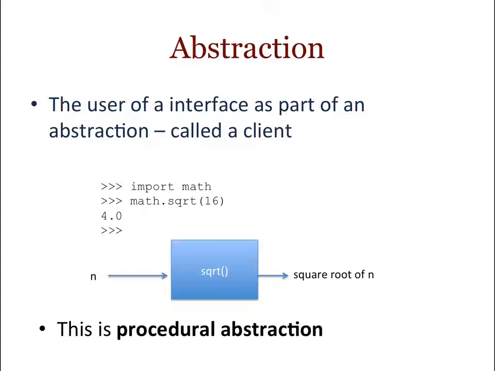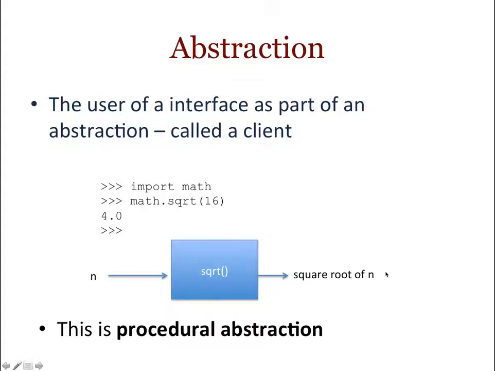We don't know what language. Doesn't matter. We don't know how it actually computes the square root. We don't really care. We just want to know that it works for us, so that it's an abstraction that works all the time, and we can rely on it. So you can think of the square root function as a black box, and you call it with n, and it returns the square root of n.